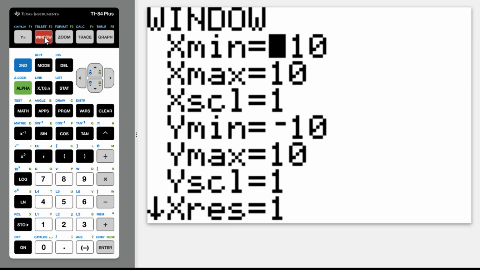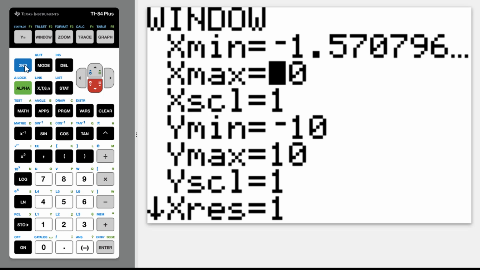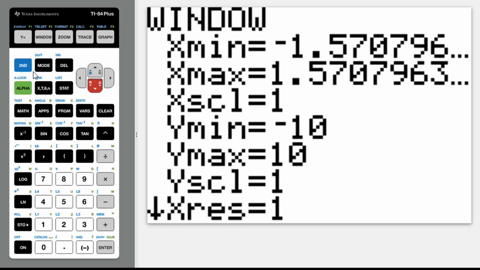Then go to window. For x minimum, we will put negative pi divided by 2. For x maximum, you will put pi divided by 2. And the scale, you will put pi divided by 8.